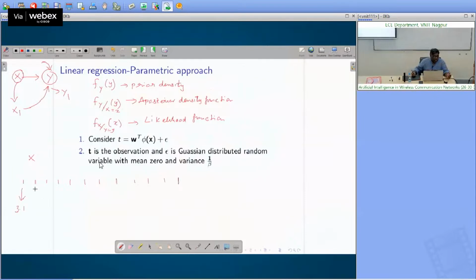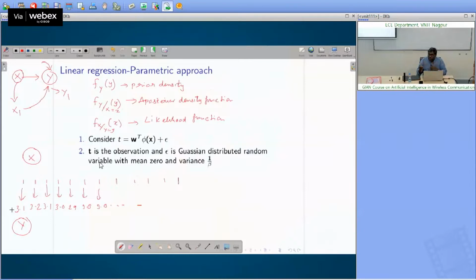Let us say 3.1, 3.2, again 3.1, and then 3.0, then 2.9, then 3.0, then 3.0, it goes like that. So this is x and this is y. Remember that for the same values of x, you are fixing x, that's the meaning of it.